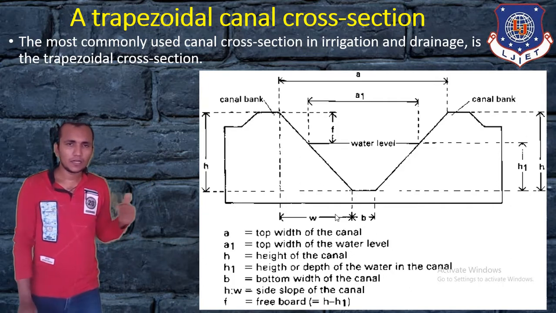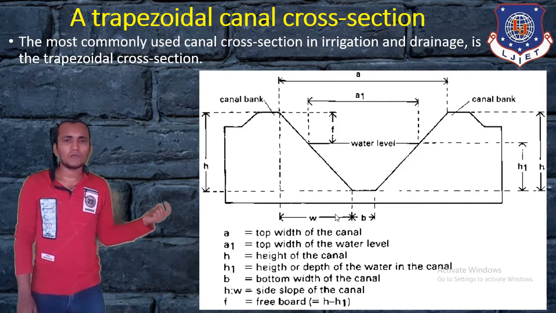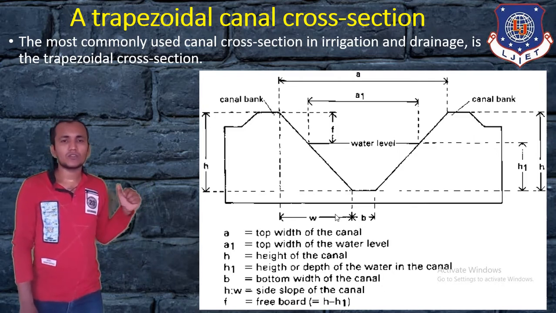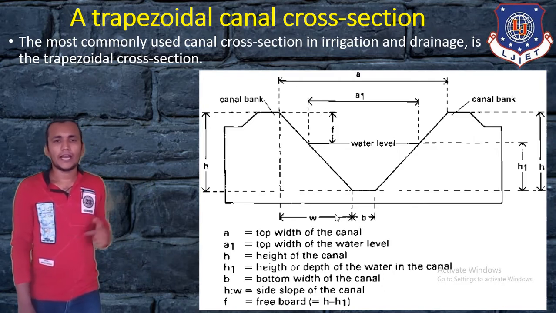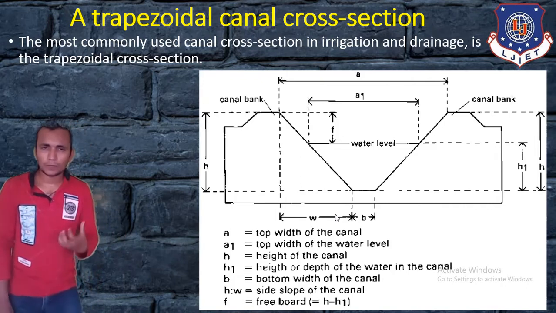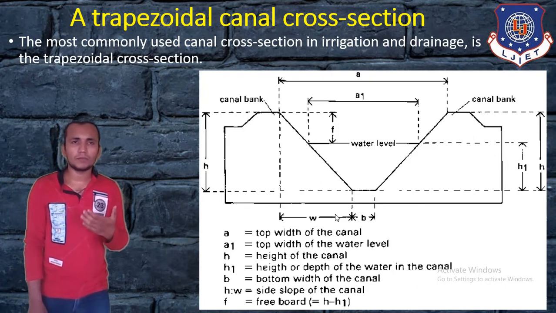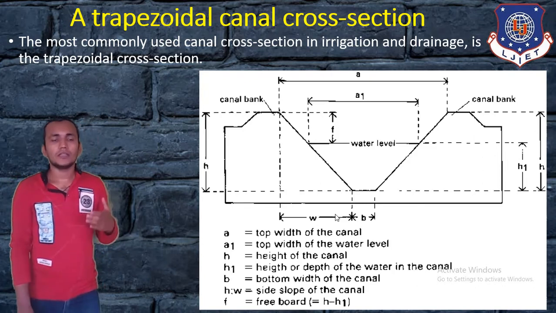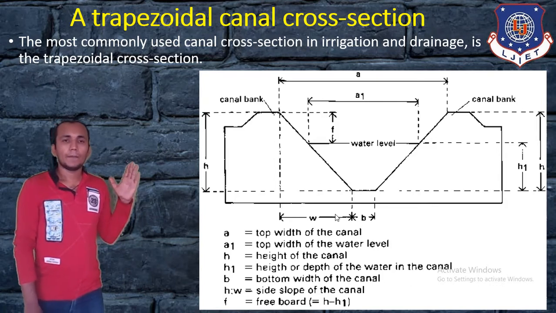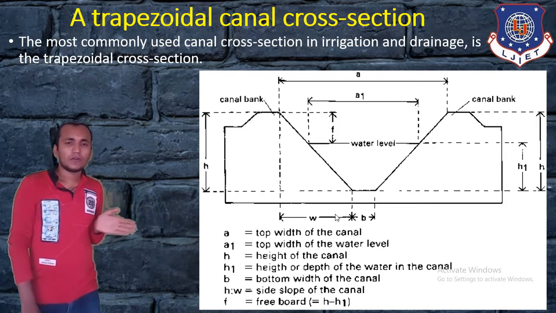You can see B here, the bottom width of the canal. And H and W, that is the side slope of the canal. Okay, for GTU or MCQ purposes, if you are asked an MCQ related to this cross section, then some canal theory is used to get a better length and width.